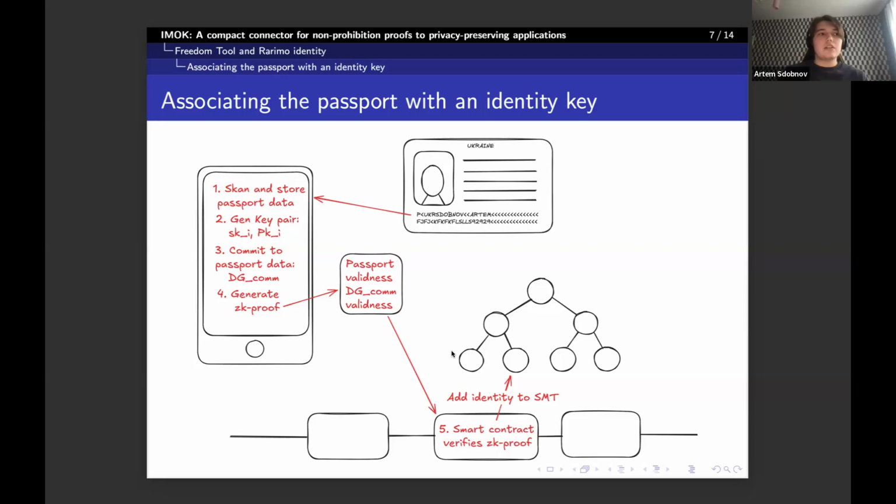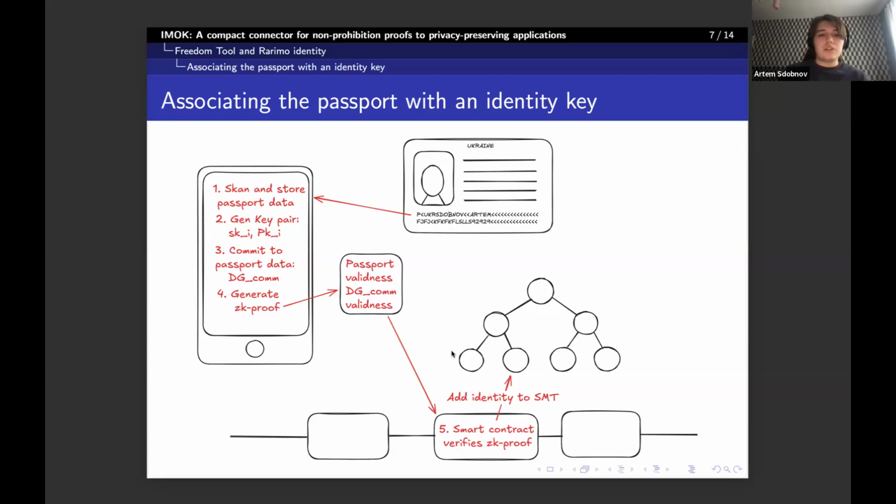To validate that, we've previously created a sparse Merkle tree of all possible authorities who could sign your passport, and a person should make an inclusion proof of the issuer that signed the passport, so you can in such a way validate your passport.